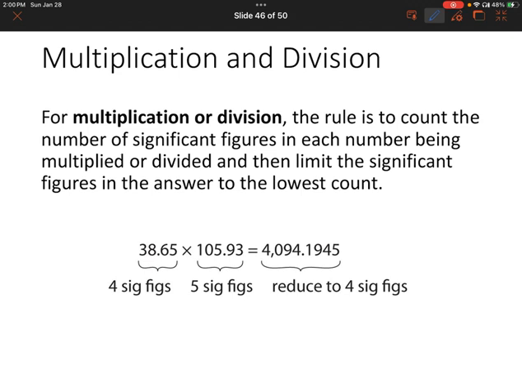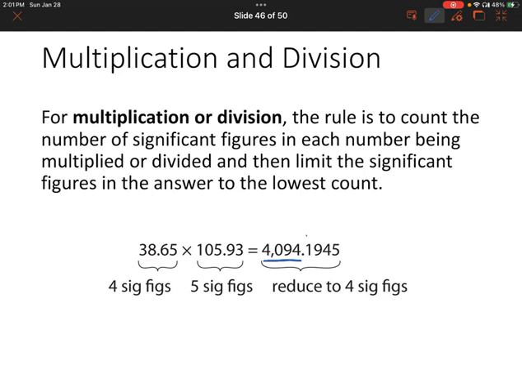So when we plug this into our calculator, the calculator will give back a value of 4,094.1945. However, we can only be as precise as our least precise measurement, right? So we need to reduce that big number down to 4 sig figs. So we're going to try to limit our value to these first 4 digits, but we also need to make sure to round.